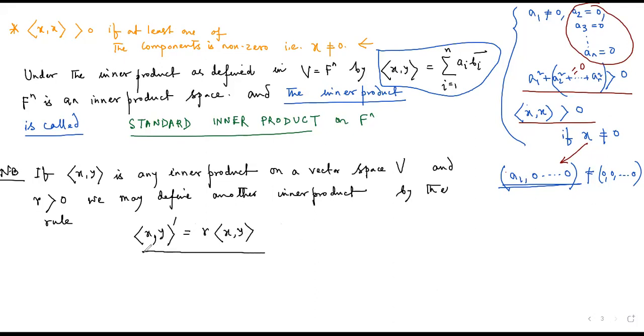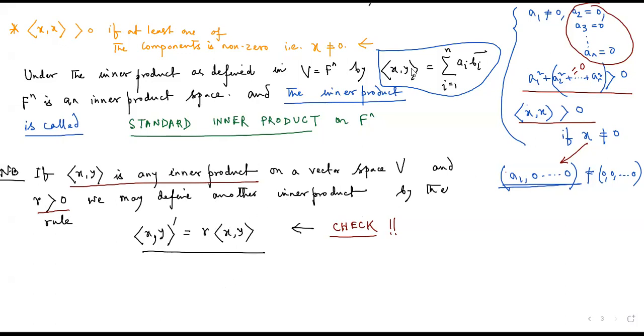I'm leaving it for you. I have chosen this example from the book itself. Just check, not now, after the class, at your leisure hour, that if x, y is any inner product on the vector space V and r is a positive number, we may define another inner product by the rule x, y prime equals r times x, y.